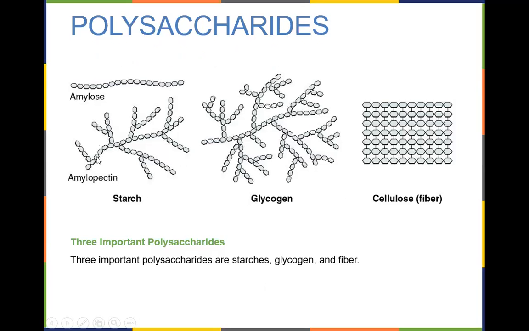Bunch of sugars, bunch of glucoses linked together. Here's what glycogen looks like right here. Cellulose, the woody component of plants, is very organized, not like starch and glycogen. And this cellulose forms the fiber in foods, the fiber that our bodies can't process.